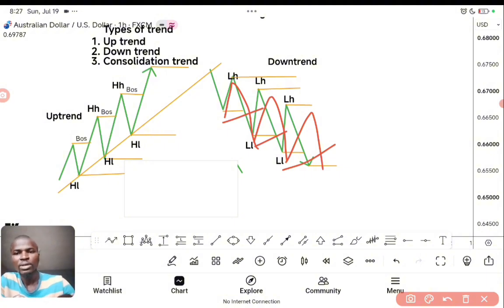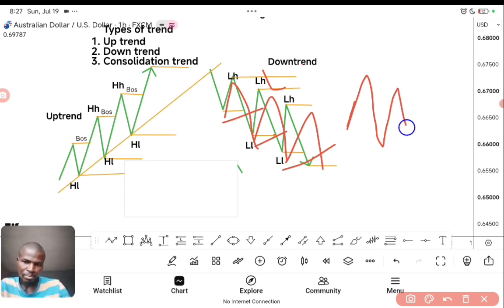So lower low. When the mini retracement is called lower high. Now the market retraces and breaks aggressively. This aggressive movement is called an impulsive movement.